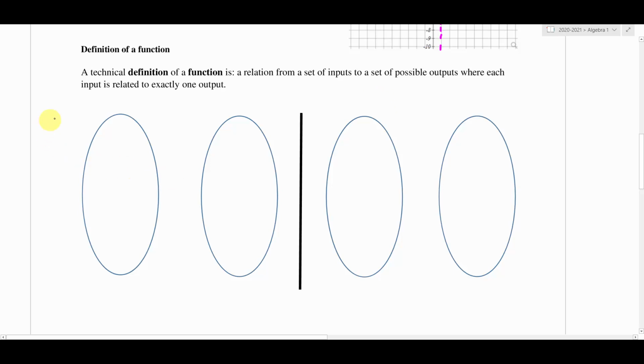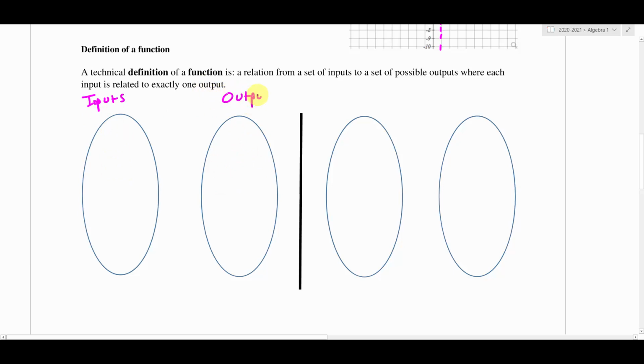Let me give you an example of what this looks like conceptually, a more visual representation of that definition. Let's say in this bubble, I'm going to put some inputs, just numbers. So there's my inputs, and over here in this bubble, I'll put some outputs.